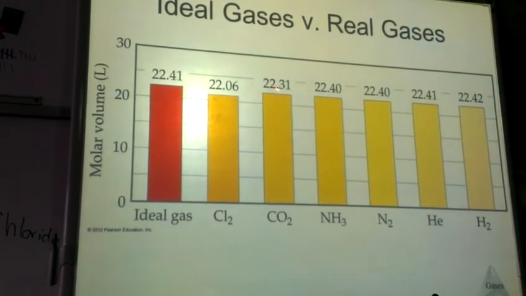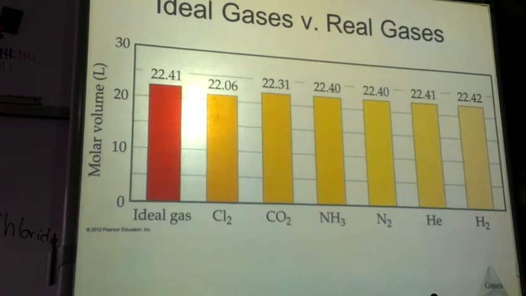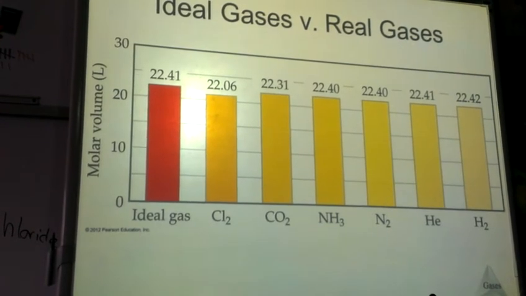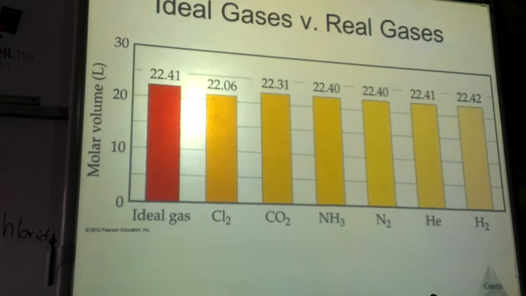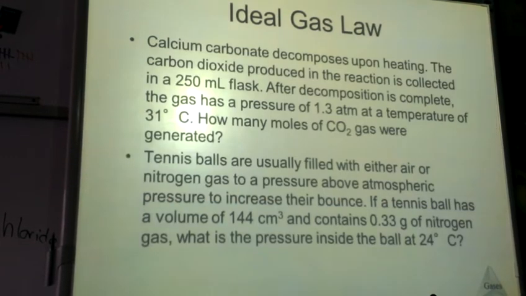Carbon dioxide is 22.31. Ultimately, the graph is showing us that all of them are close to the ideal gas at standard temperature and pressure, which can be measured at 22.4 liters at STP. So even though we experience real gases, a lot of them will truly behave like an ideal gas.